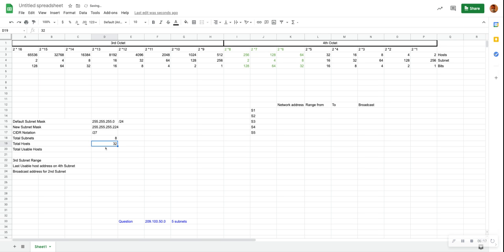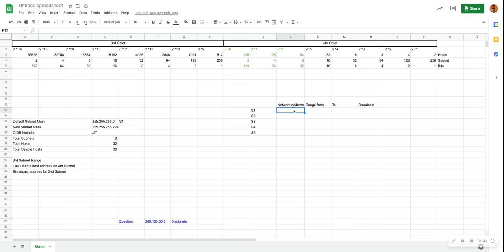The usable hosts are 30 per subnet. We need to reserve 1 for the network address and 1 for the broadcast address. The broadcast address is always the last number in that range, and the network address is always the first one.